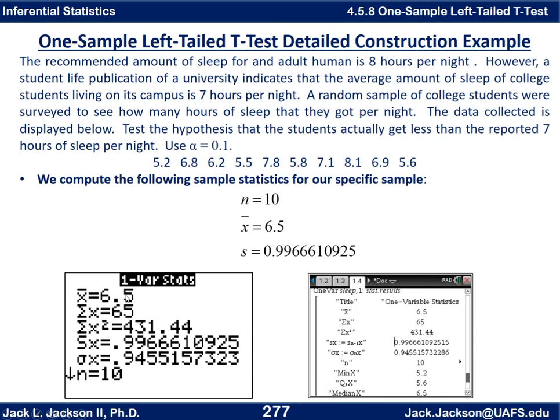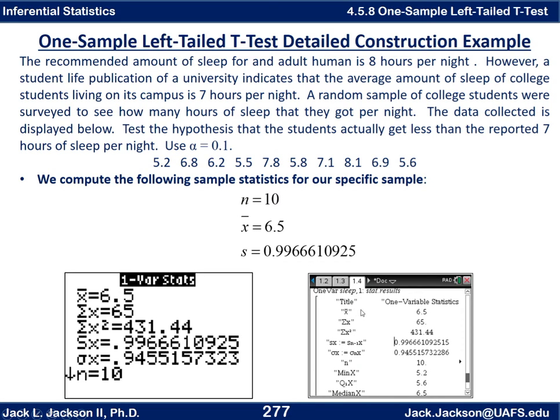The one variable statistics on the TI-84 is, let's see, it's stat, calc, and then number 1, which is one variable statistics, and then L1. That's what you want to take the statistics of, and enter, and you get this. Similar thing here.